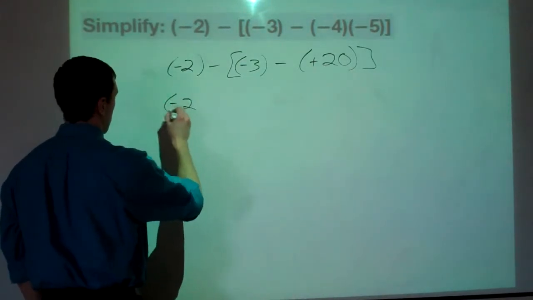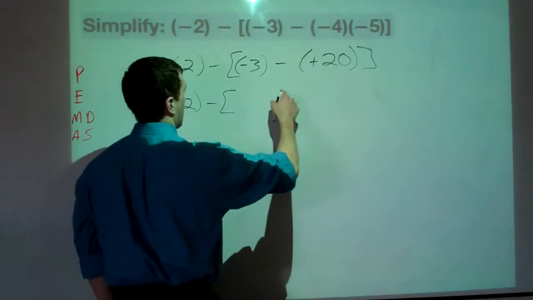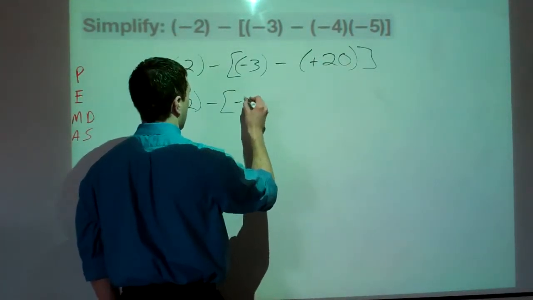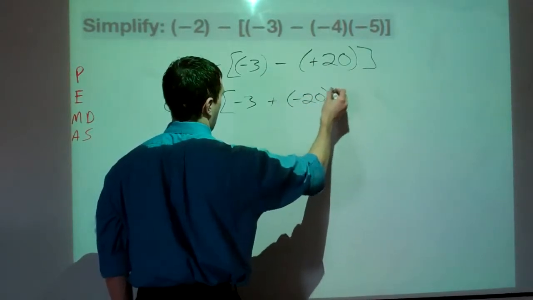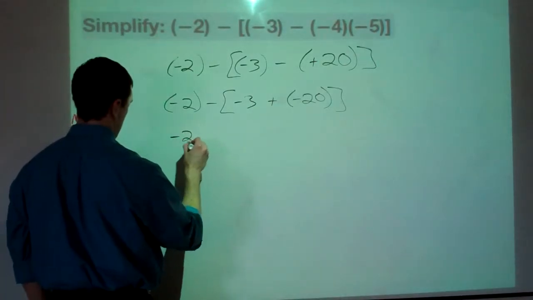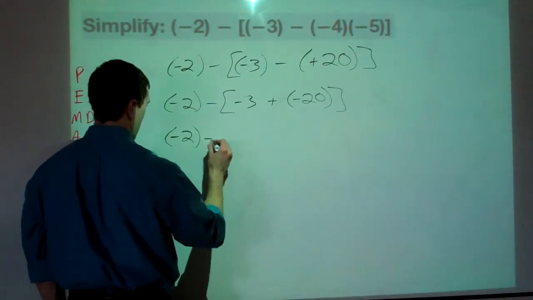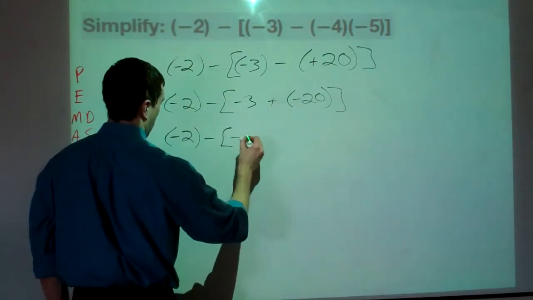Negative 2 minus negative 3 plus the opposite. We've got negative 3 plus negative 20, which is negative 23.